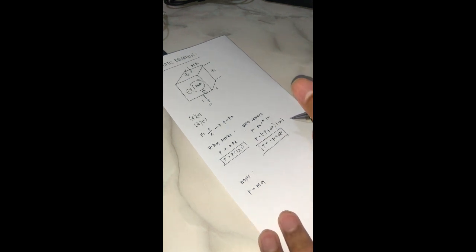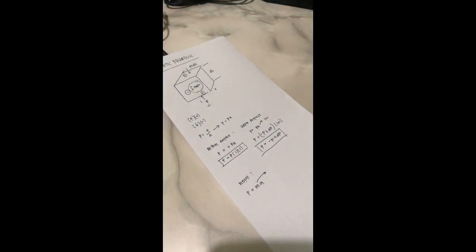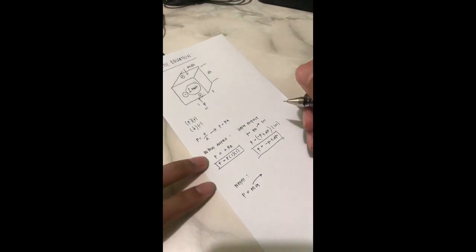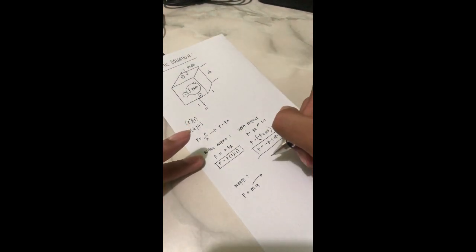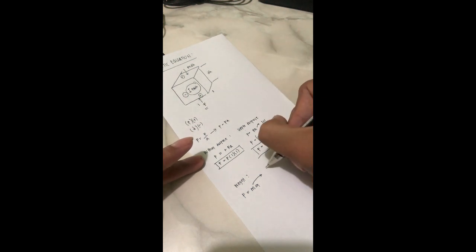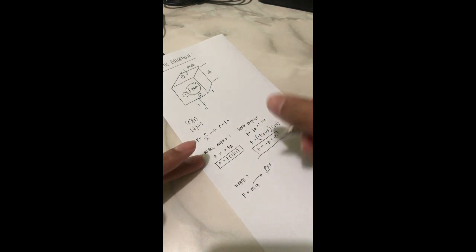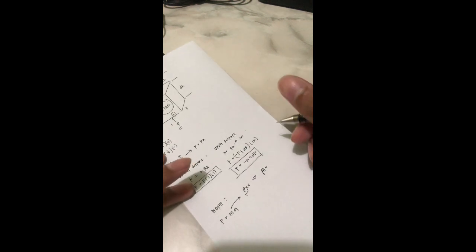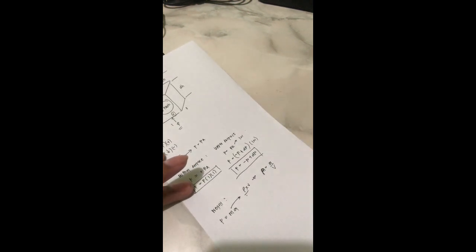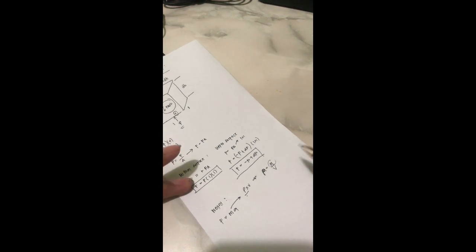Pero we also know that the formula of our mass also gives us density times volume. Saan nanggaling to? We all know that density is equal to mass over volume. So kapag in-isolate natin si mass, makukuha natin si density times volume.